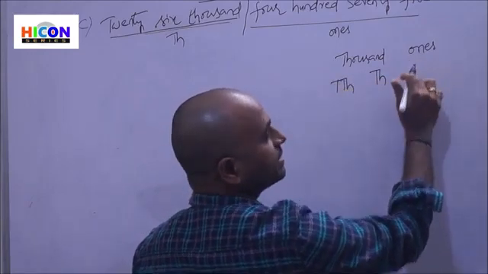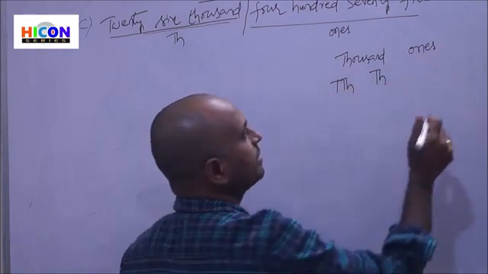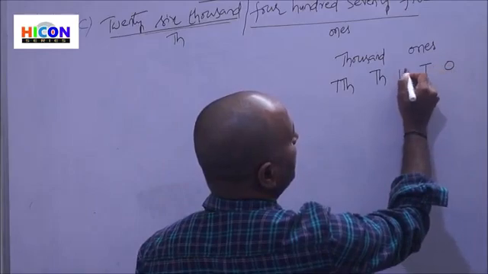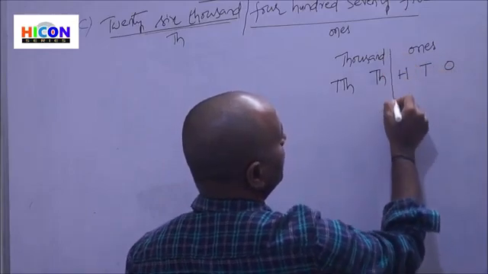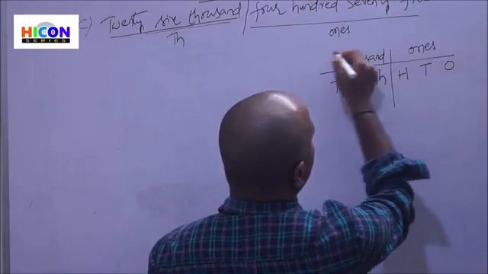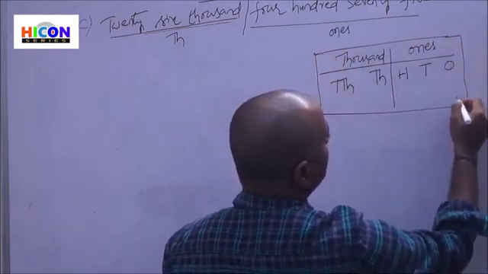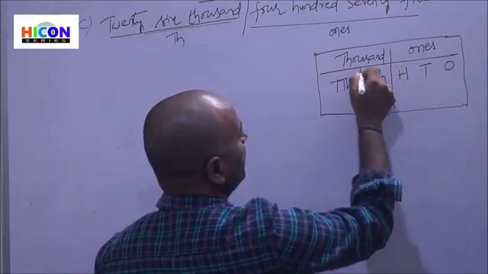And in the ones period there are three places, that is ones, tens and hundreds. So this is the place value chart for the Indian number system.